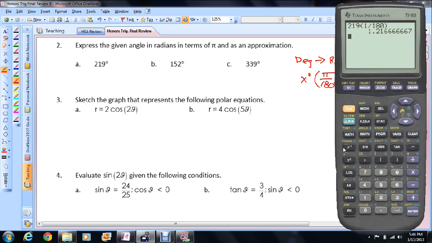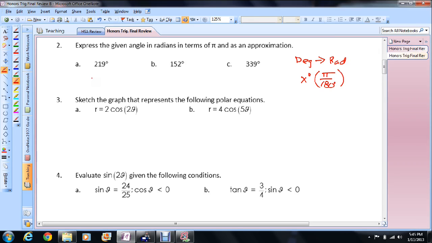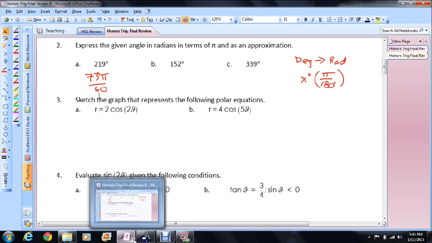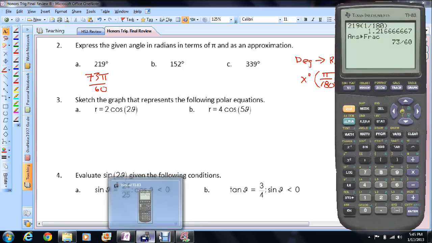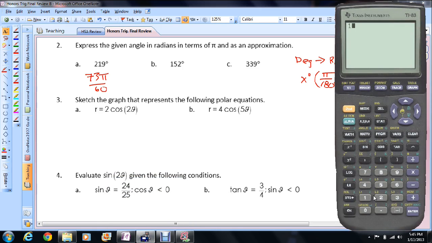We get this decimal, but then I want an exact value, so I'm going to hit math, to a fraction, and that'll give us 73 over 60. So our final answer for part A is 73 pi over 60. I'm going to do the same thing with 152 degrees, 152 times 1 divided by 180.